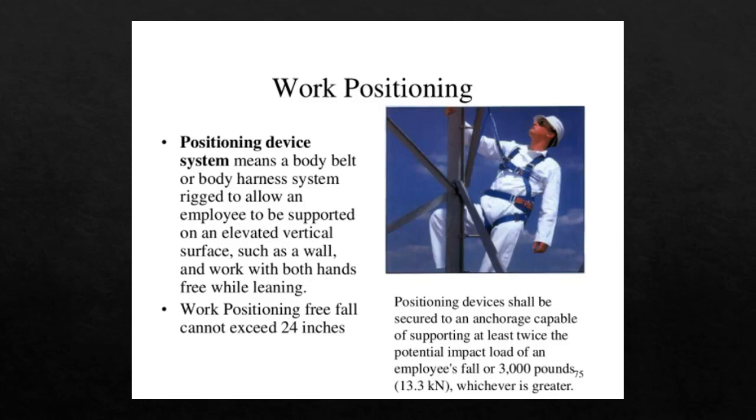Obviously a positioning device system has to be designed in such a way as to not create any sort of suspension trauma situations, and work positioning free fall cannot exceed 24 inches. They have to be secured to an anchorage capable of supporting at least twice the potential impact load of an employee's fall, or 3,000 pounds, whichever is greater. So again, you have to have a competent person to put together and verify the system.